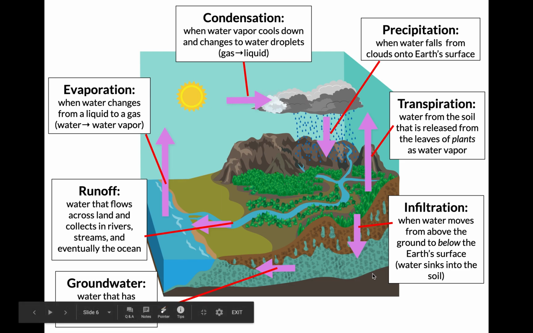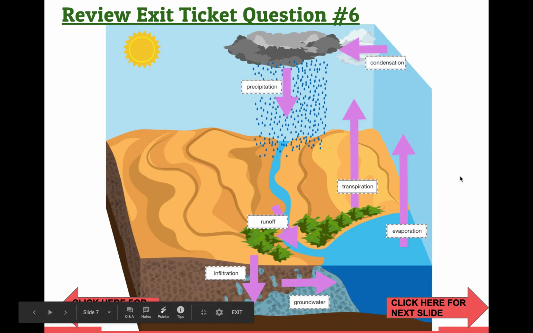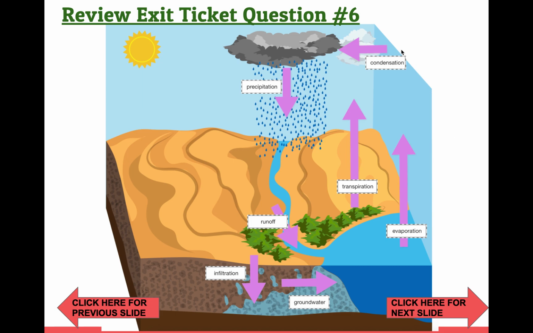So on Friday, you were supposed to do an exit ticket. This was the answer to exit ticket question number 6. If you haven't done Friday's exit ticket, please do it today and make sure you turn that in. So remember, again, condensation is the water vapor becoming liquid water and forming clouds.